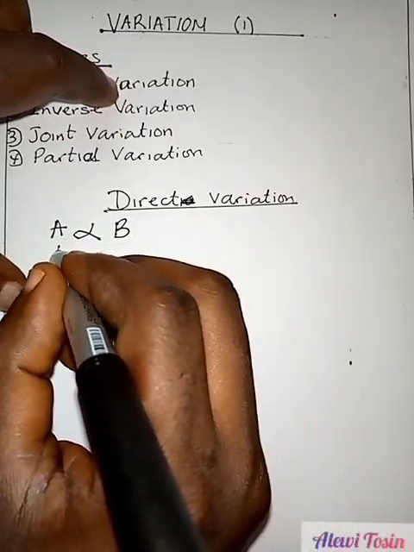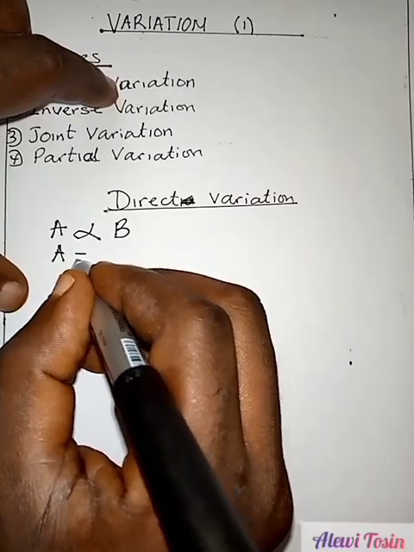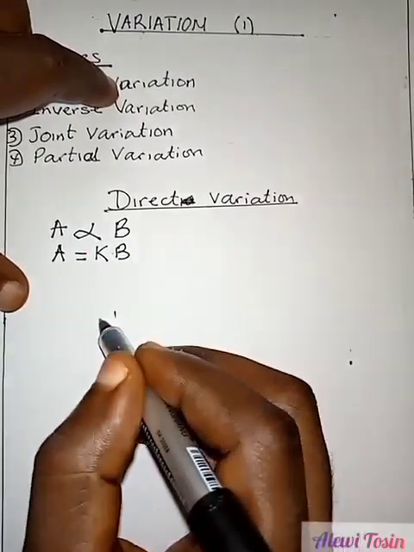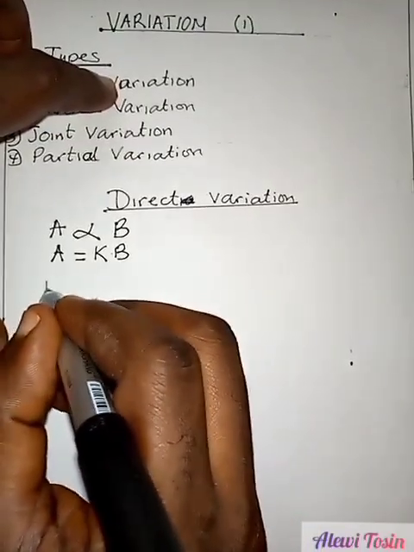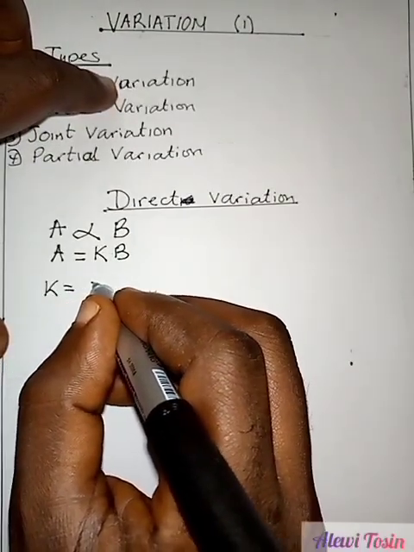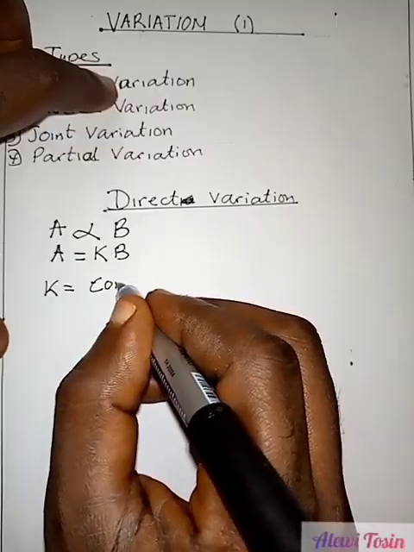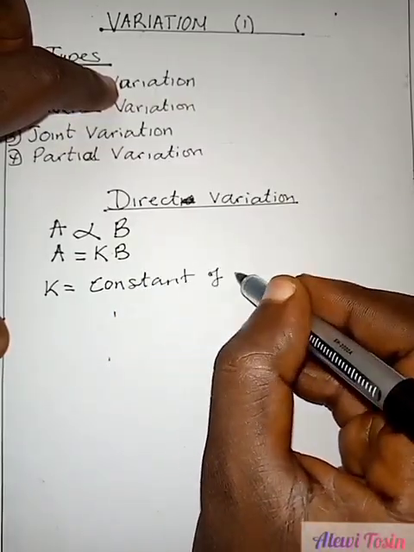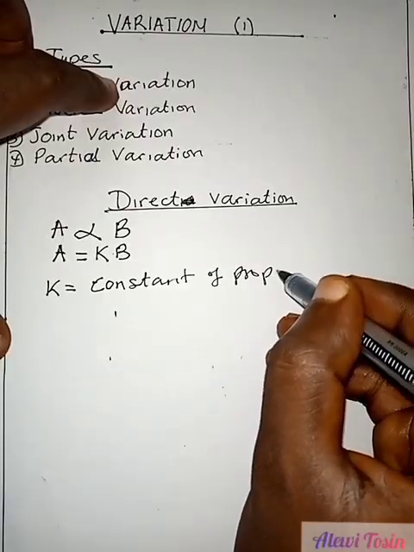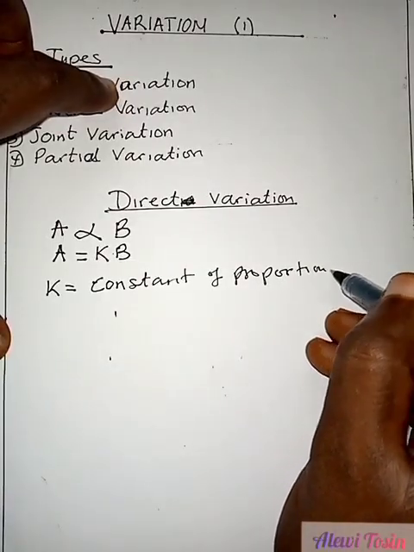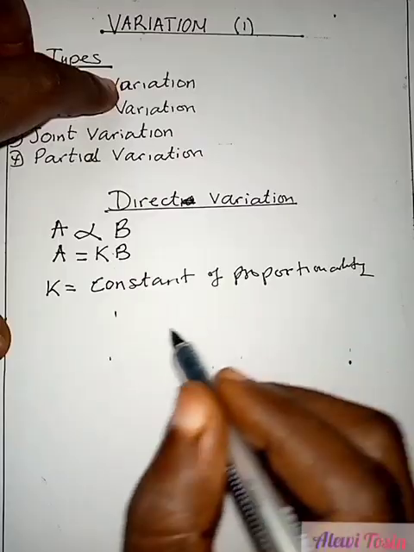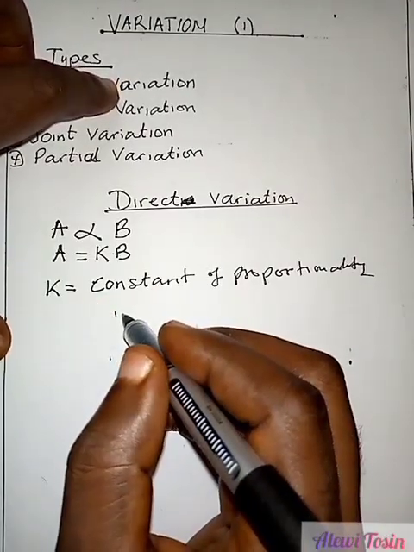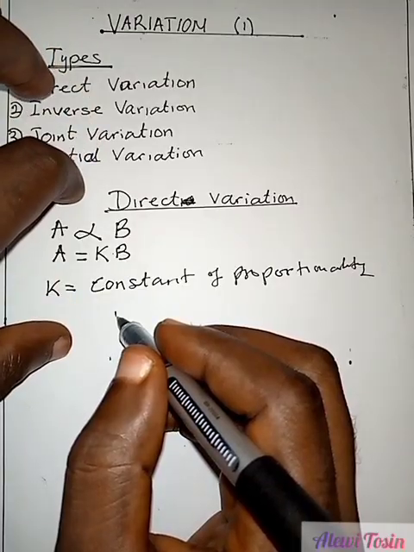And that constant, when we have A directly proportional to B, we say A is equal to KB, where our K is called the constant of proportionality. Here our K is the constant of proportionality.